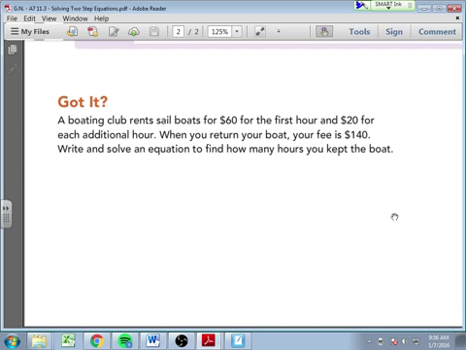You want to solve how many total hours you had this boat. I challenge you to carefully solve this and tell me how many total hours we kept this boat. I'm going to give you probably a minute, minute and a half. Think about what is constant, what only happens one time, what don't we know.